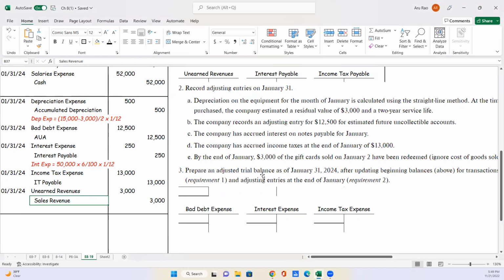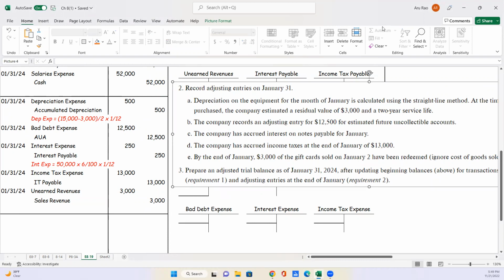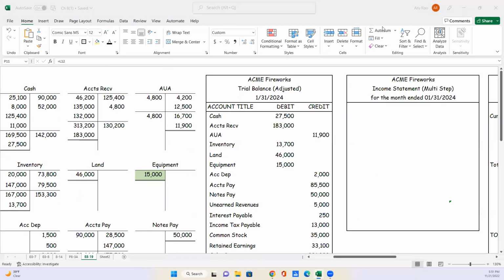The next step is to put all this information into my T accounts so that I can create my trial balance. I have gone through the process of posting all the journal entries and the adjusting entries into the T accounts, closing those T accounts, and bringing the numbers over.